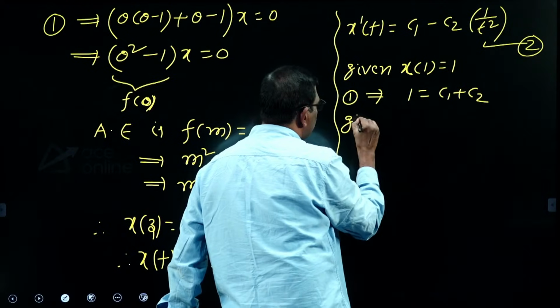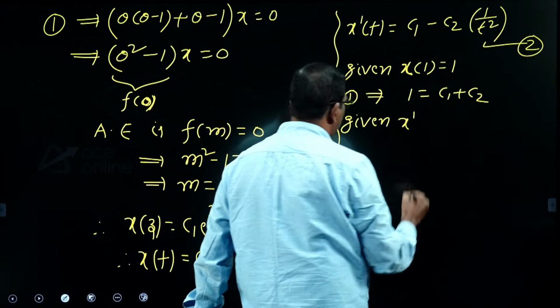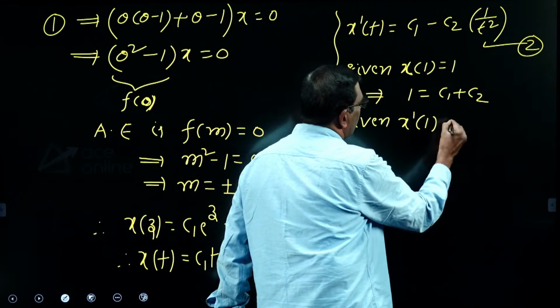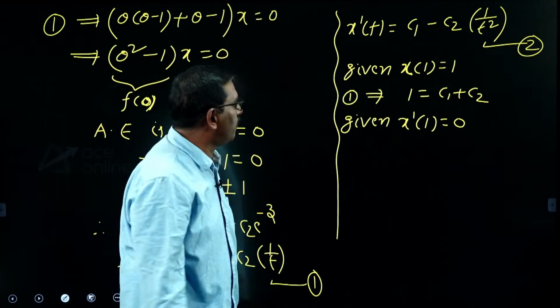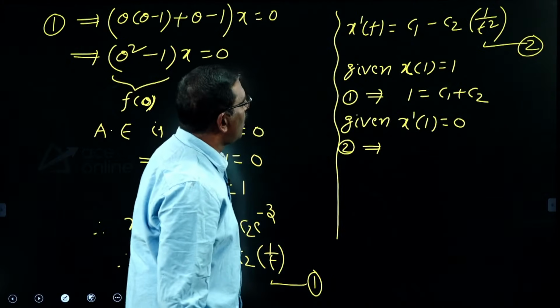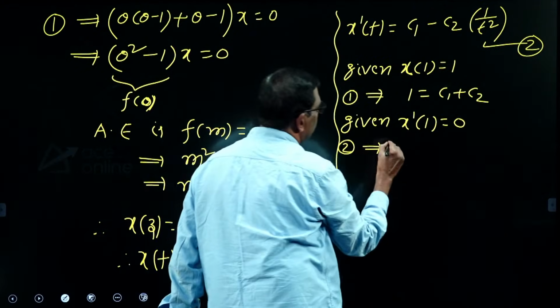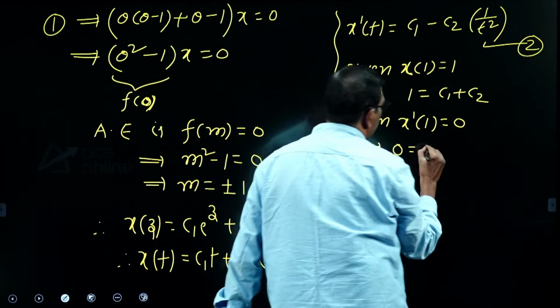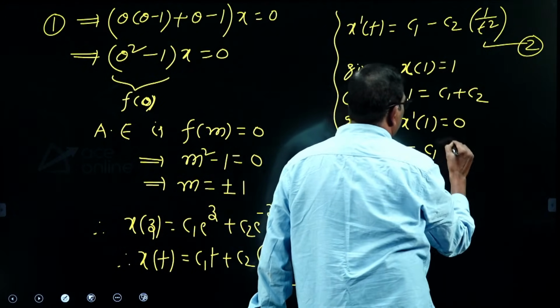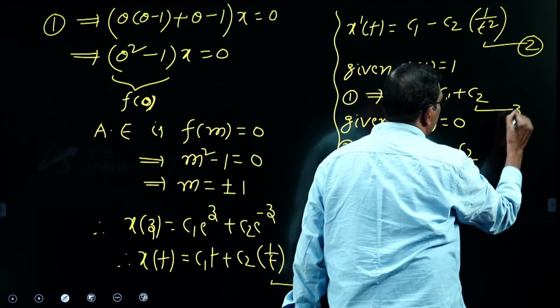And one more condition given, x dash of 1 is equal to 0. x dash of 1 is equal to 0 given, or not? So, substitute in 2. Output 0, input 1. This is 0, input 1 means that is C1 minus C2. Let it be 3, let it be 4.